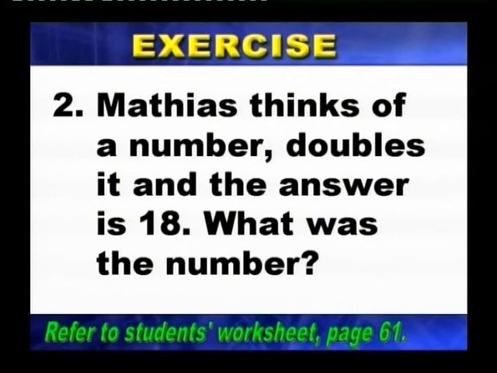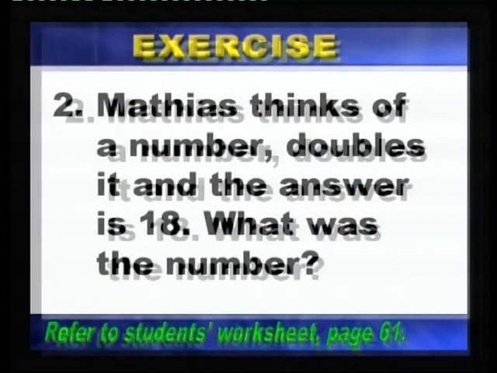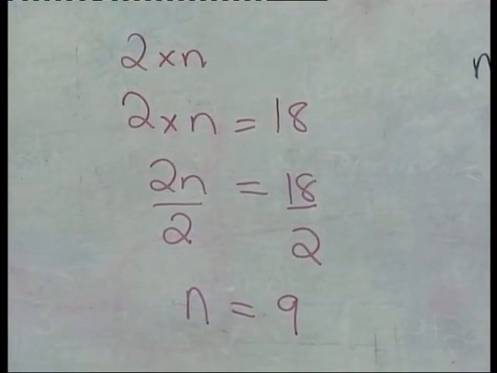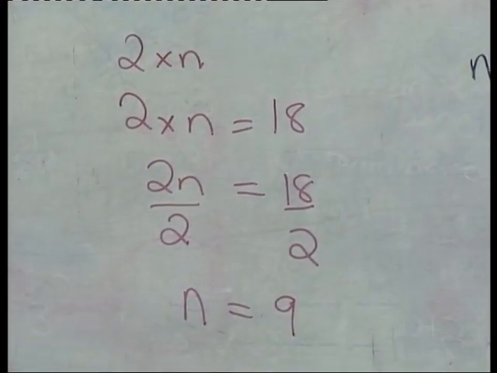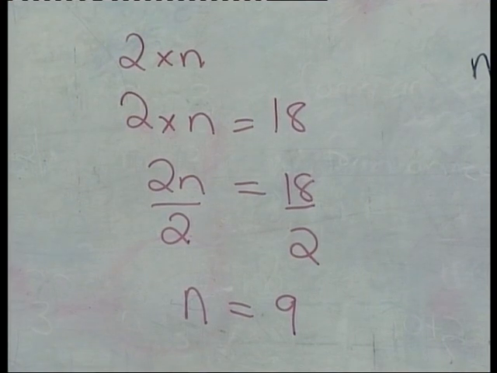So what was the number? So your answer would be 9, or the number would be 9. So the result is 18, but your number is 9 that you are looking for. All right, thank you, 7Os and receiving students.